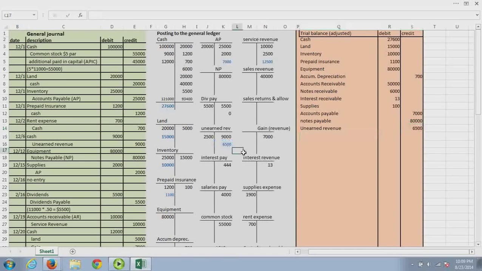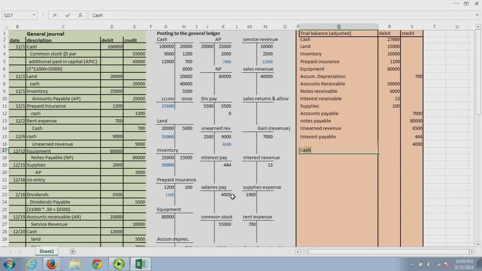Credit balance, interest payable. Getting the right spot here. Credit balance, as you would expect. And salaries payable. It's just, again, the portion we accrued that we haven't paid to employees.